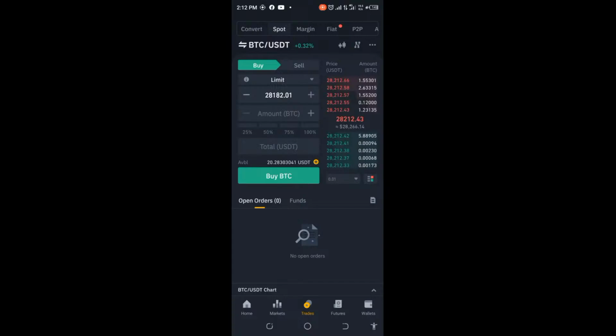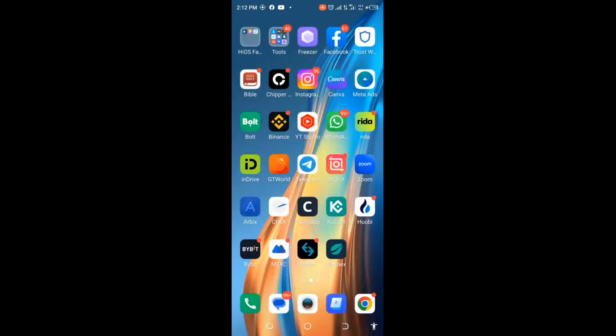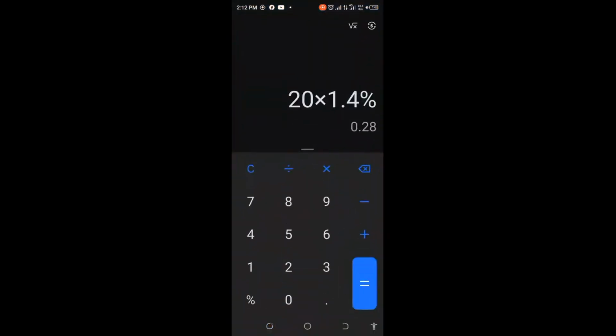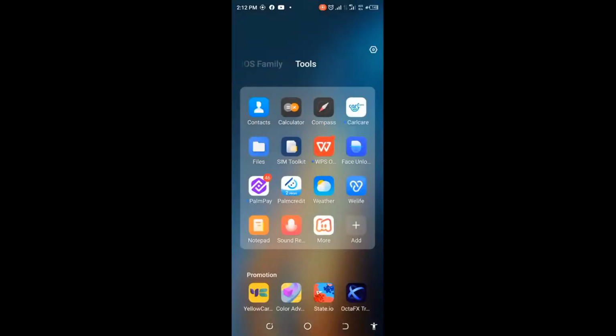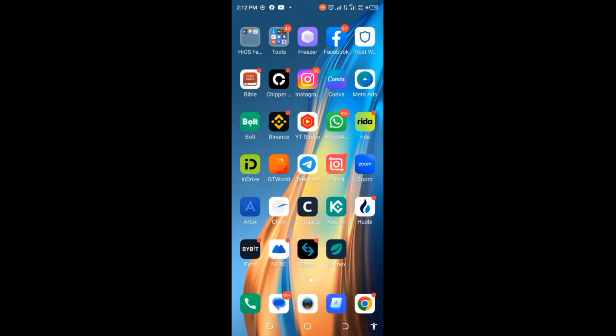So if we check what that is in terms of mathematics, what is 0.3% of $20? That's times 0.3%. Okay, that's 6 cents. That's actually understandable.